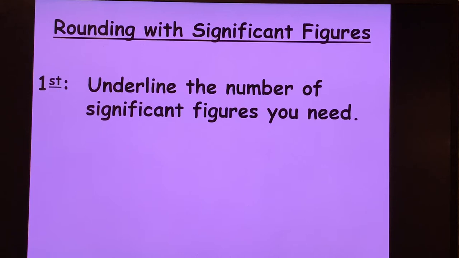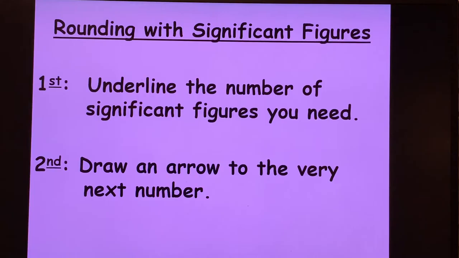So how do we round with sig figs? All right, so there's a little trick to get started, and it's something that you would only use pretty much in these notes, or maybe for your classwork, which will be given to you in class tomorrow. But after that, you're not going to need to use this process anymore. It's very simple, though. First you underline the number of significant figures you need, and then you draw an arrow to the very next number.